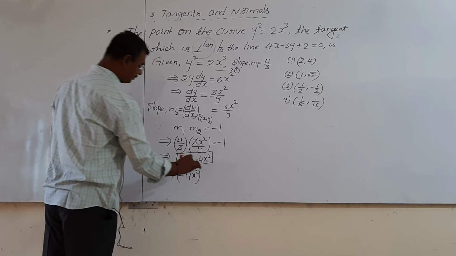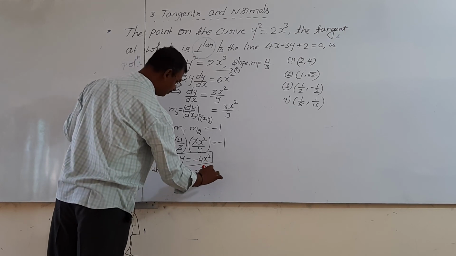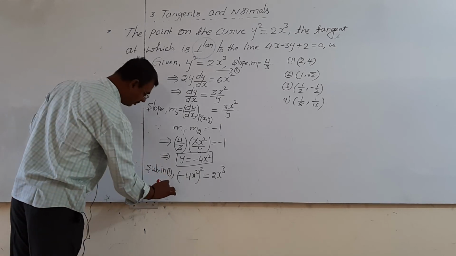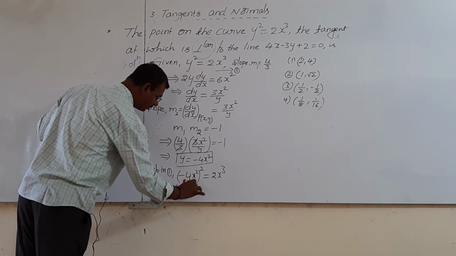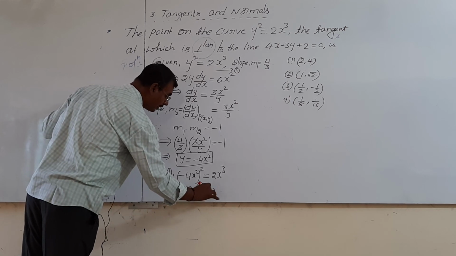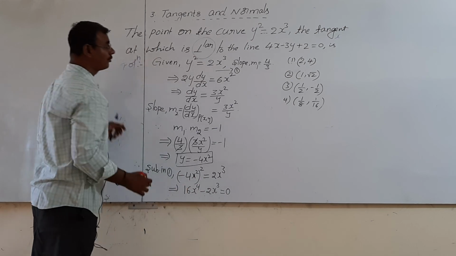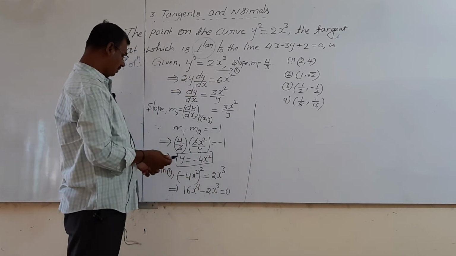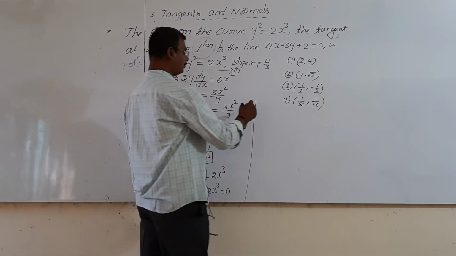Whole square is equal to 2x cube. Simplifying, it becomes 16x raised to 4 minus 2x cube is equal to 0. Now simplify this. What is the common factor? 2x cube.